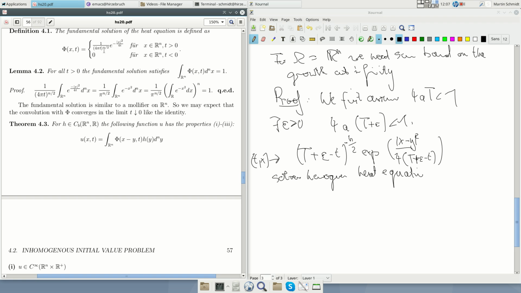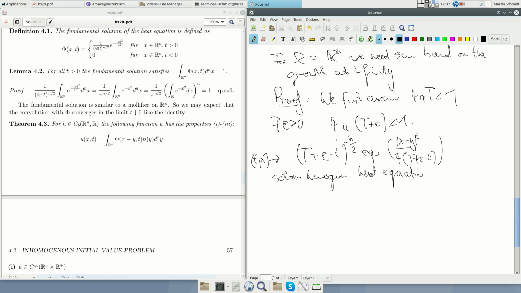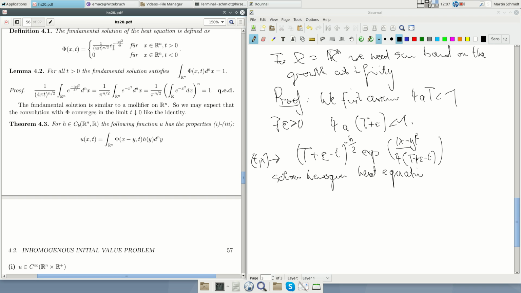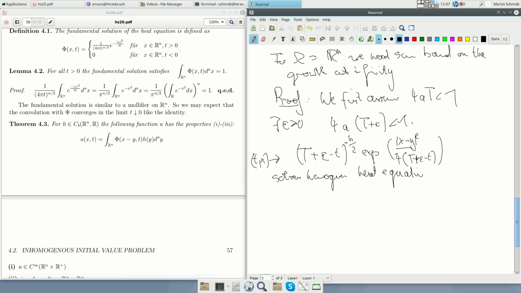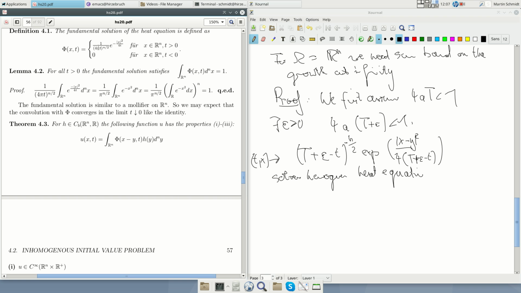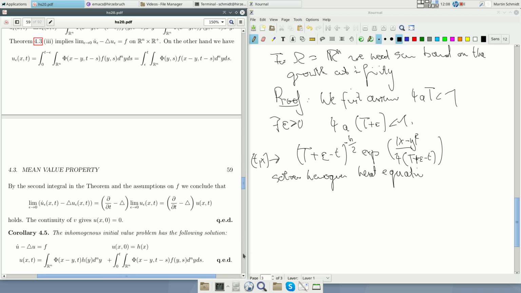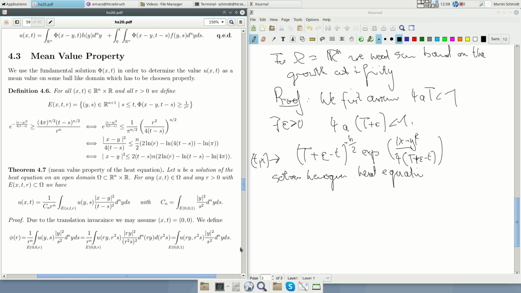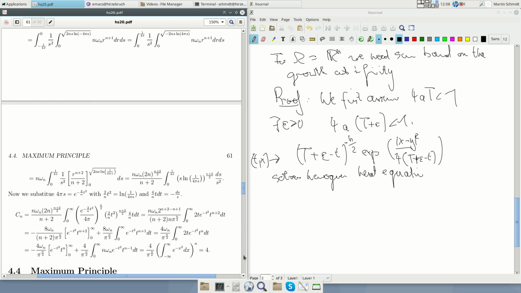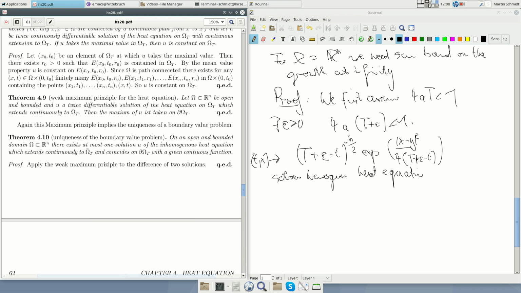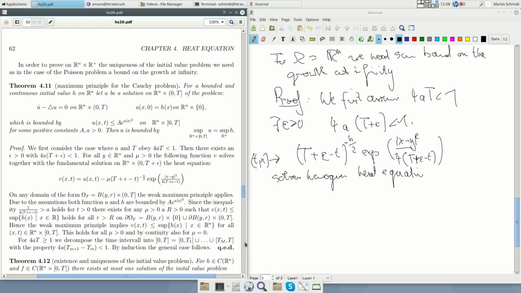And here we have the negative sign in the power, but this is only a factor. So since the fundamental solution solves the heat equation, also this solves the heat equation. So we indeed get a solution of the homogeneous heat equation. This is just the calculation which we did.